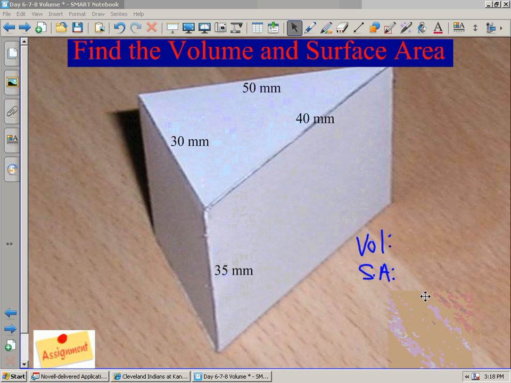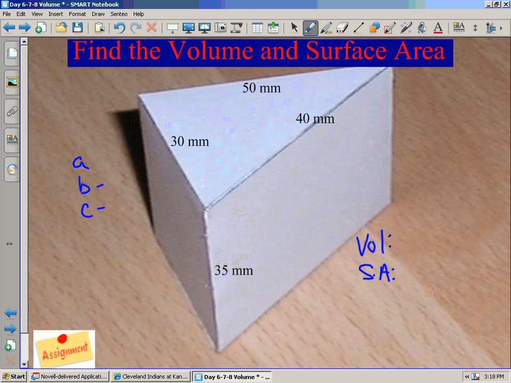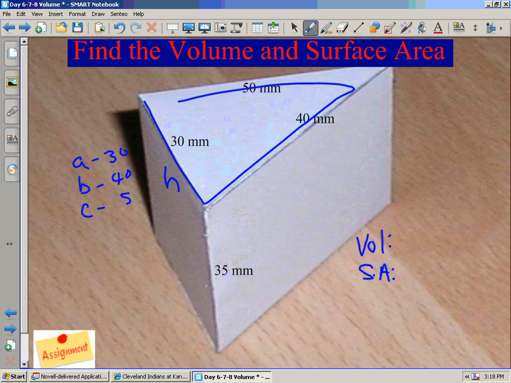All right, now that you've had the chance to try this, again, one of the keys here is making sure that you understand where your A, B, and C are first, and then what the height is. So A, B, and C come from the triangle: 30, 40, 50, from least to greatest, with our height equaling 35.